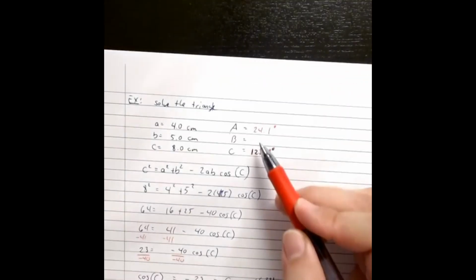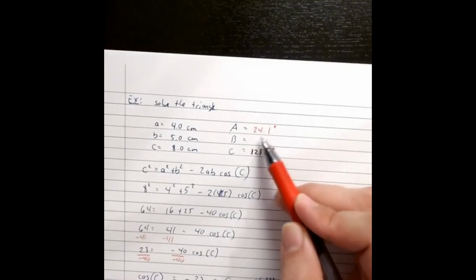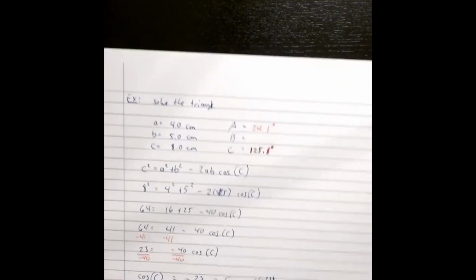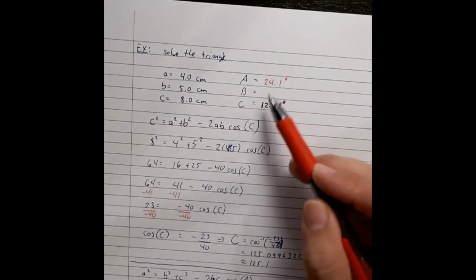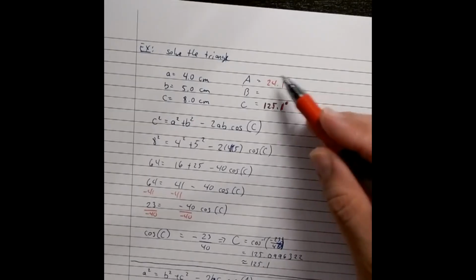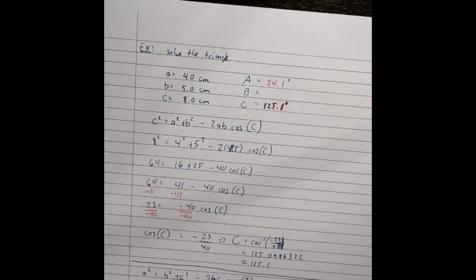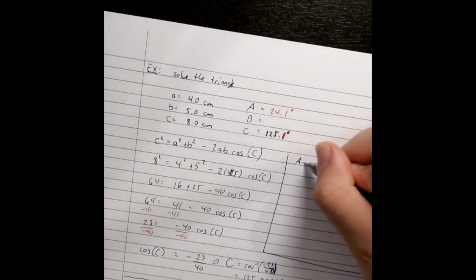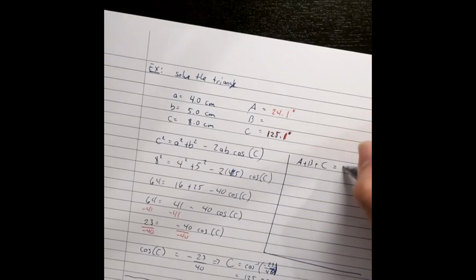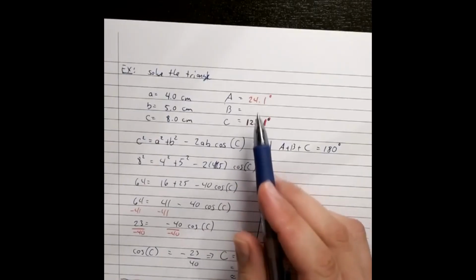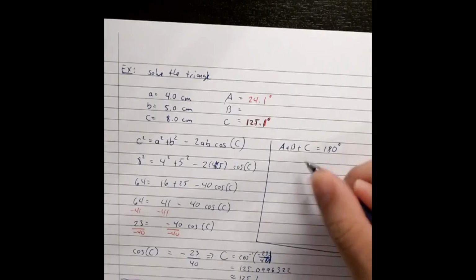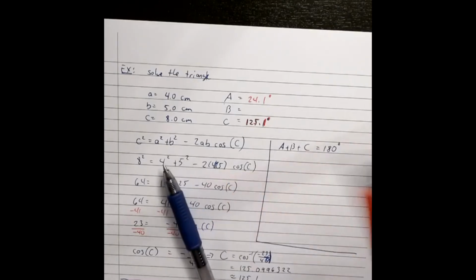And now we have 2 angles. Now we can actually find the third one by just subtracting both of those from 180. All right? Here, these are numbers that we found, but subtracting them from 180 is precise enough because, of course, all angles must add up to 180 anyway. So here, our third computation is the simplest. Here we can simply say, well, A plus B plus C is equal to 180 degrees. But here we're missing B. So let's go ahead and solve for B by subtracting the A and the C over to the other side.